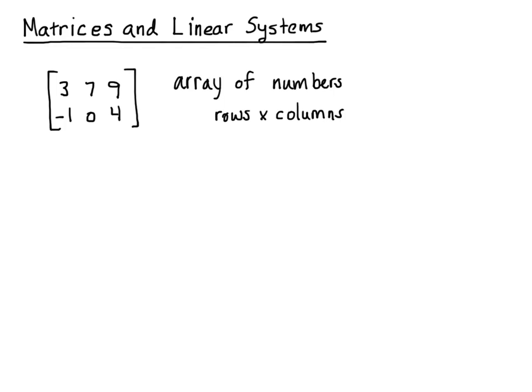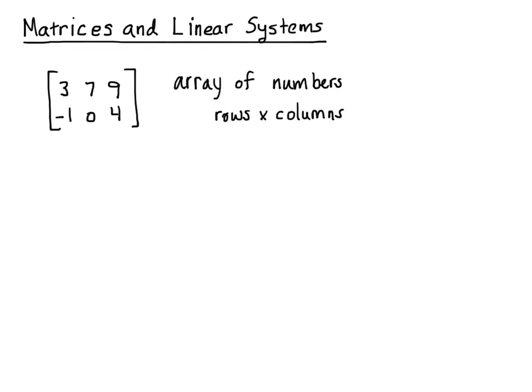So first, a matrix is at its simplest just an array of numbers, rows and columns, and it usually has a rectangular shape like this. Notice that I have an entry of 0 here. In an equation, if we have like x plus z, we don't have to write 0y, but when we're using matrices, we always will write the non-existing or the 0 entries as 0.